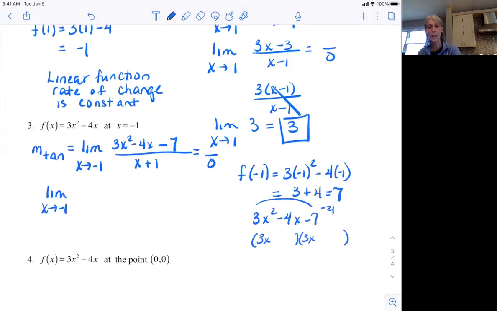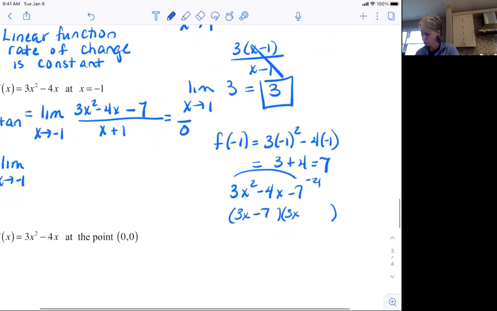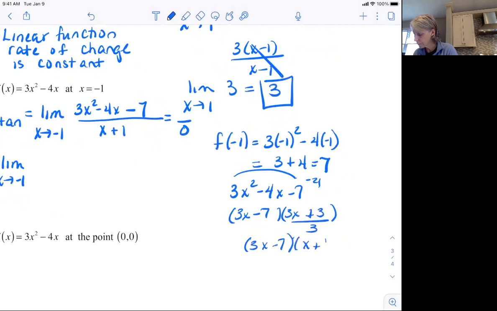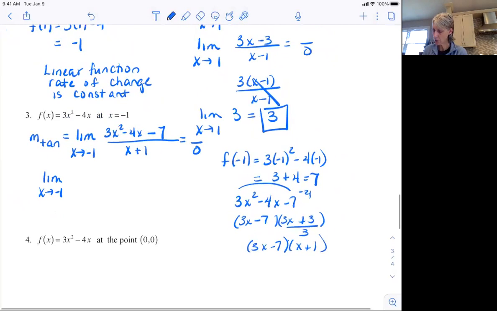Two numbers that multiply to -21 and combine to give me -4: minus 7 plus 3. So I'm going to take those factors, put them back up in my limit.